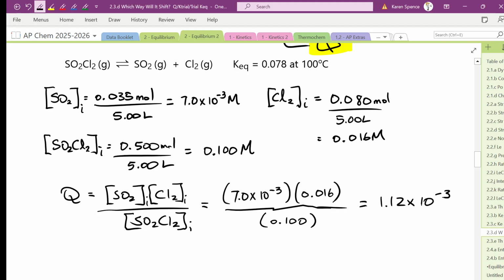Did you guys get 1.12 times 10 to the minus 3? Okay. Yes.